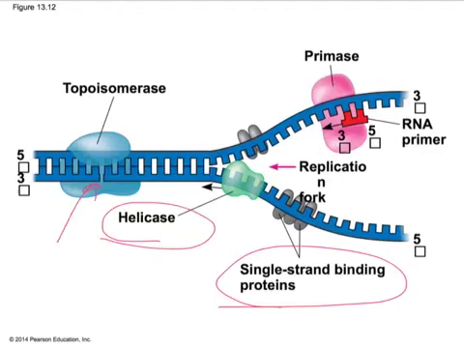So it'll go back together. As helicase moves open, it'll open it back up too. Okay? And there's a couple other functions for topoisomerase, but in terms of replication, this is its main purpose. All right, so we've gone through helicase, single-stranded binding proteins, and topoisomerase. We'll get into what a primase is in a little bit.